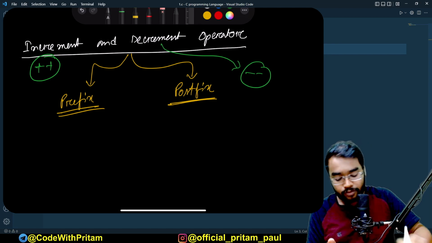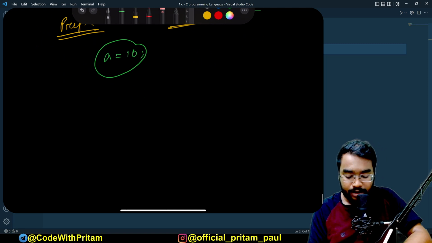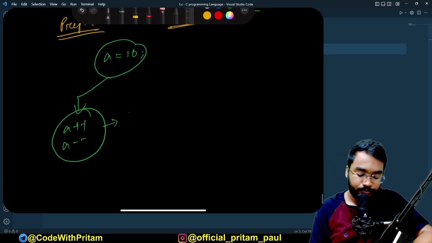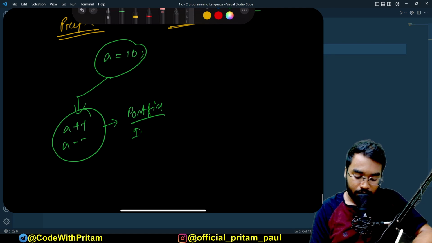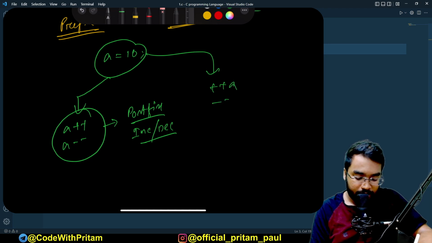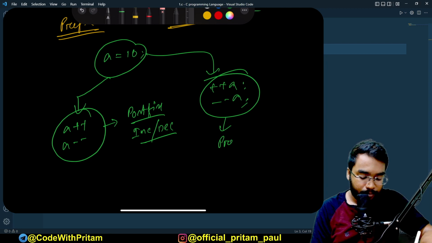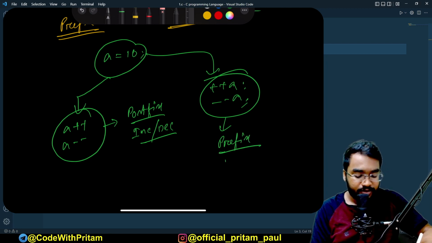Now for example, if I write a equal to 10 and after that I write a plus plus or a minus minus, this is called postfix increment or decrement. And if I write plus plus a or minus minus a, then it is called prefix increment or decrement.